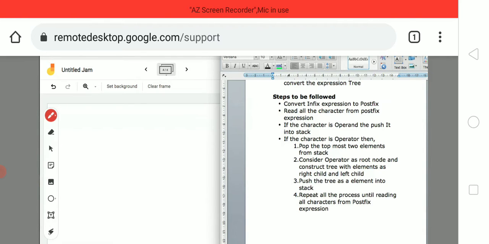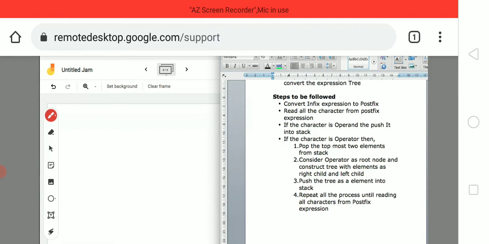So if there is an operand, we have to push into the stack. So we already know what is stack and how we can insert an element into the stack. If the character is operator, then we have to go for another 4 steps.